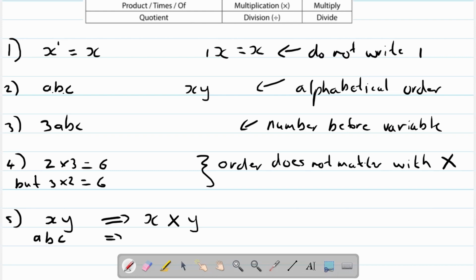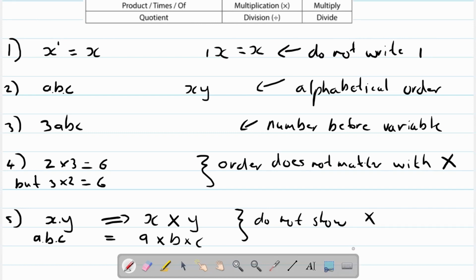ABC, it means A times B times C. So sometimes we also can use a dot. That is also multiplication. So we do not show the multiply.